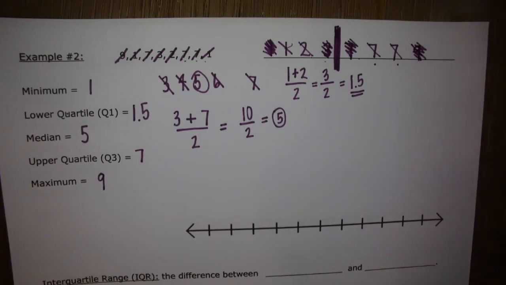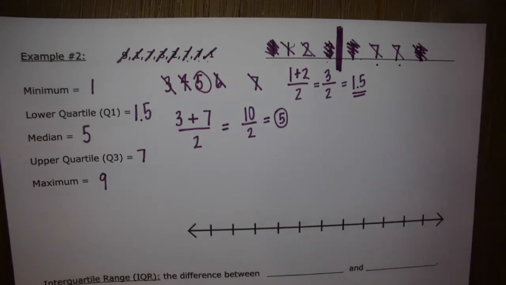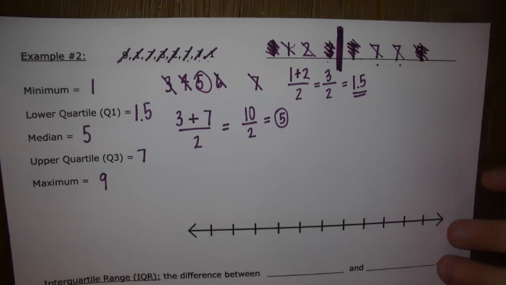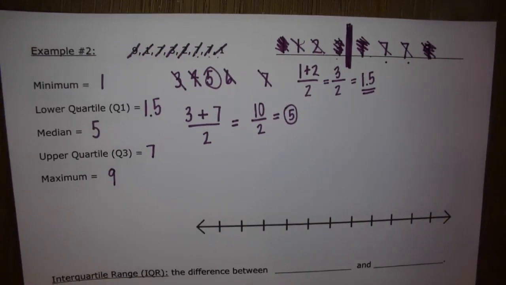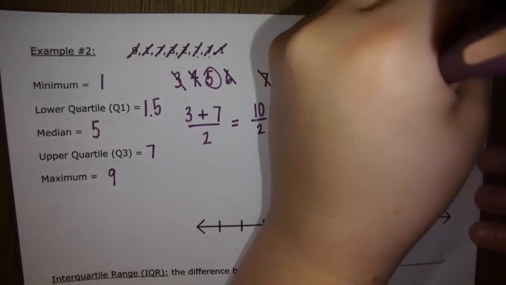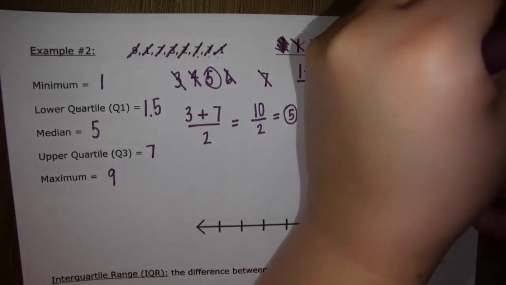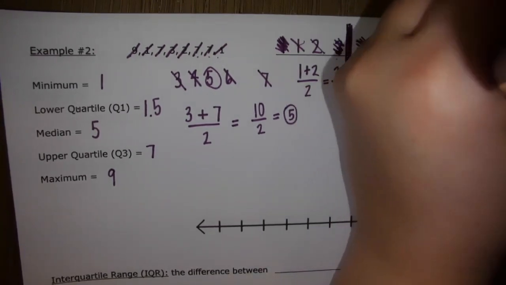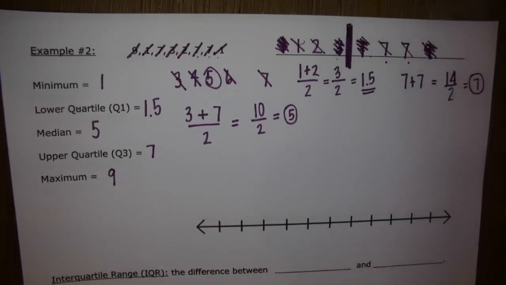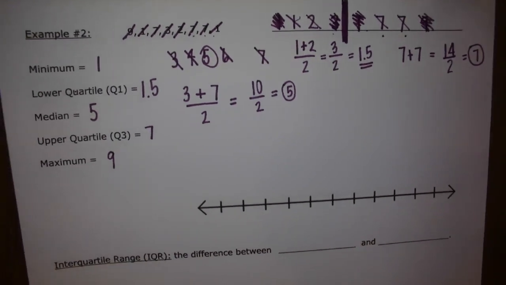Now, if you're in this situation and you're a little worried because you're like, oh no, what's in the middle? They're the same. You can always use the same process. 7 plus 7 gives you 14. Then you have to divide that by 2. What's 14 divided by 2? 7. Boom. Same answer. Okay?